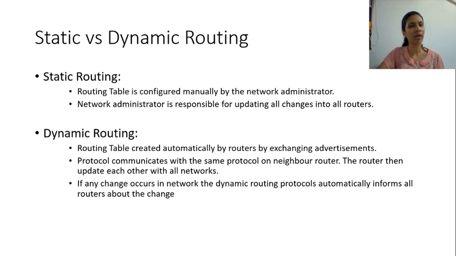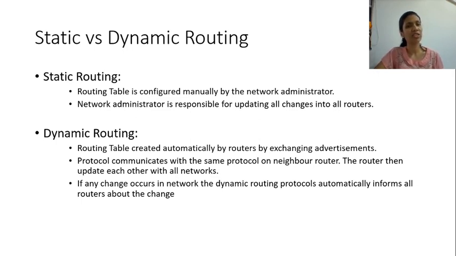Since the network administrator makes the entries manually in the routing table, the administrator is the one responsible for updating any changes that occur in the network. That is, if one of the devices or routers fails, then the packet should be routed over some other path.